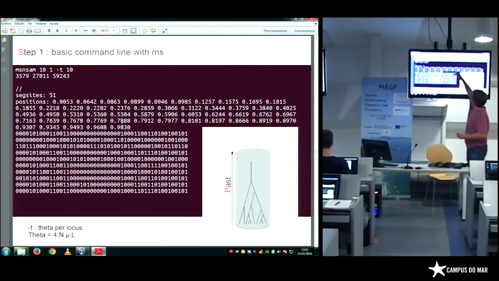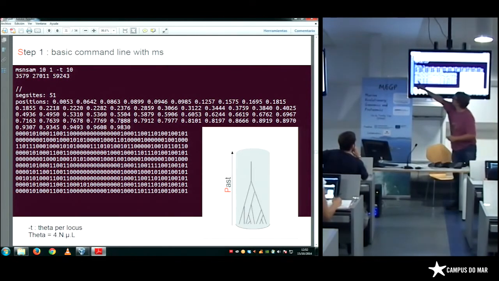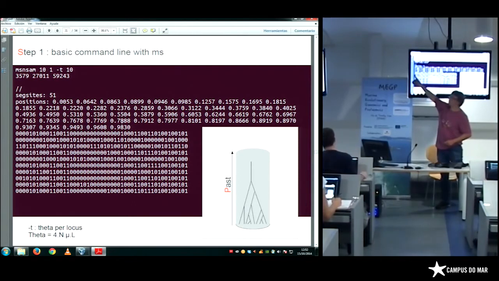And here you have the 10 sequences obtained, with 0 being the ancestral allele and 1 the derived allele. So for example, for the first SNP, we have just 1 derived allele and 9 ancestral alleles.